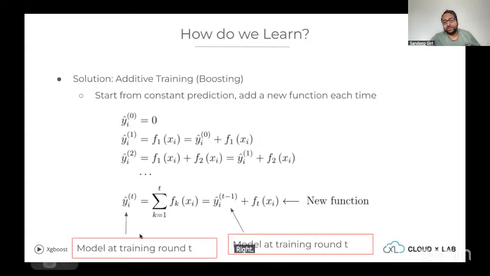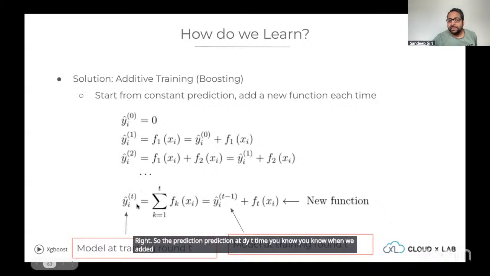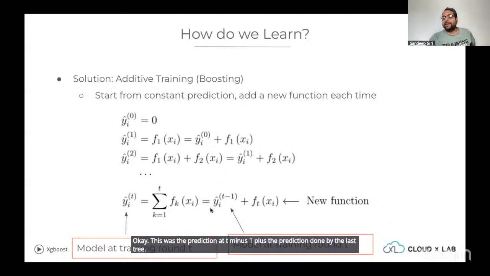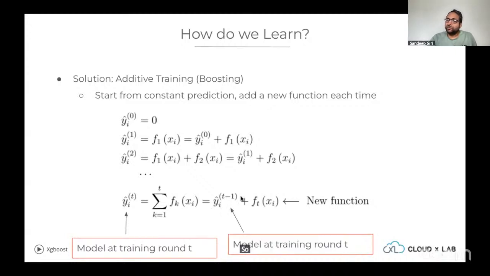So the prediction at time t, when we added the tth tree, was the prediction at t minus 1 plus the prediction done by the last tree. So we had t minus 1 trees, they did this much prediction. Now we added the tth tree, it gives you the next prediction.